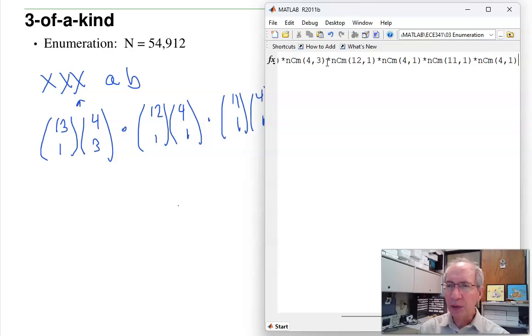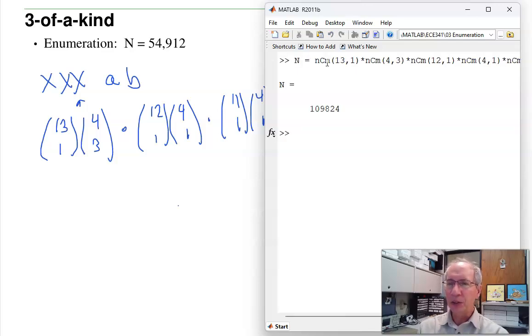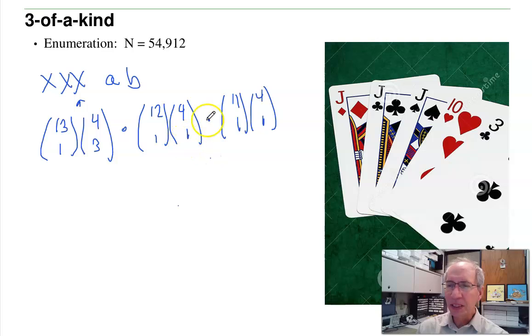I should get 54,912. And I'm off by a factor of 2. That's not the right way to do it. The problem I have is if I make this 10s and 3s, I double counted them. I also have 3s and 10s.